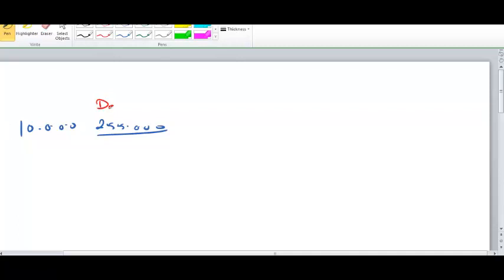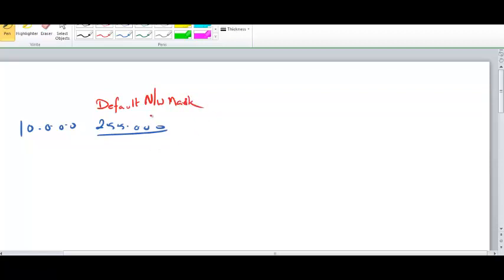Default subnet mask. People used to say default subnet mask, but I want you to say default network mask. The reason is we have not done any subnetting so far.